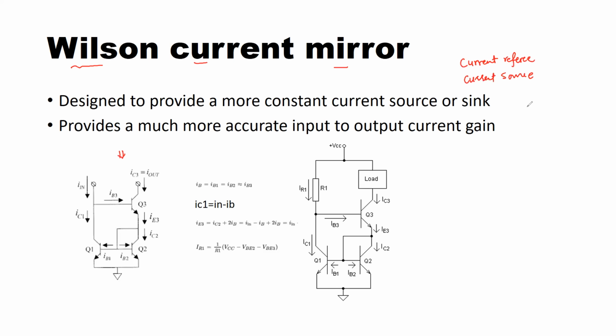Essentially, when you design a current source, you want the output current I delivered to the load to be constant, irrespective of the variations in the load. That is the definition of an ideal current source.